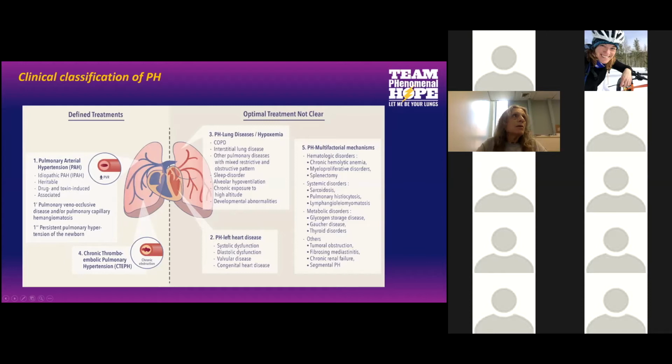Among these 5 different groups of pulmonary hypertension, group 2 PH, associated with left side heart disease, is the most common. As you can see here, the prevalence of group 2 PH is about 4,500 patients per million people, compared to 15 to 50 per million for group 1 PH.